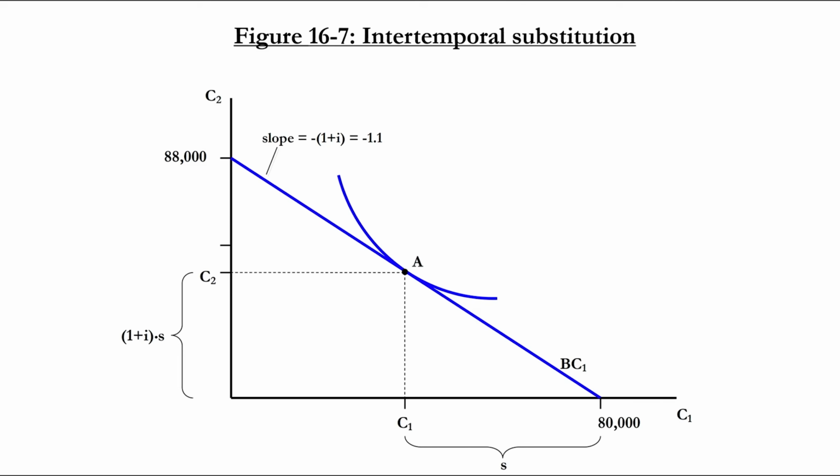What that means is I'm going to save 80,000 minus C1. What does that mean my period 2 consumption is? It means my period 2 consumption is going to be the amount I saved times 1 plus the interest rate. So it's going to be (1 + i) times (80,000 - C1).